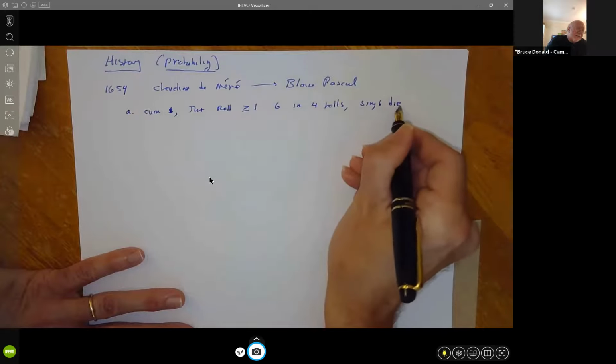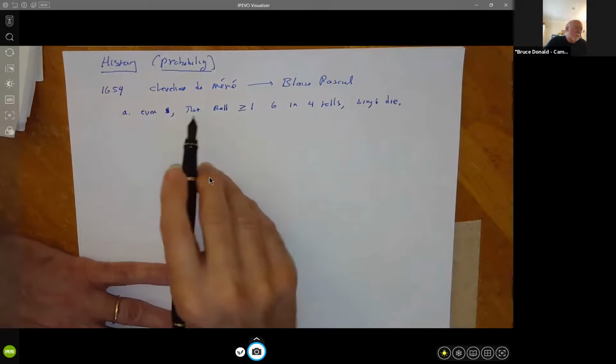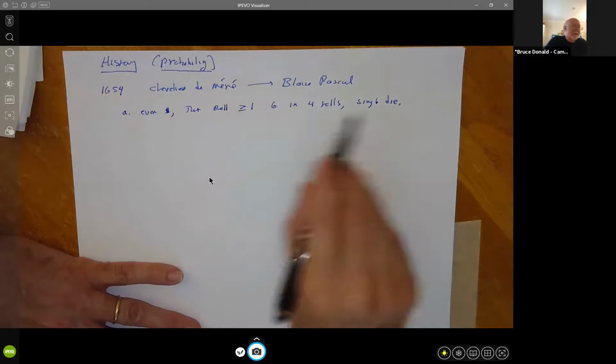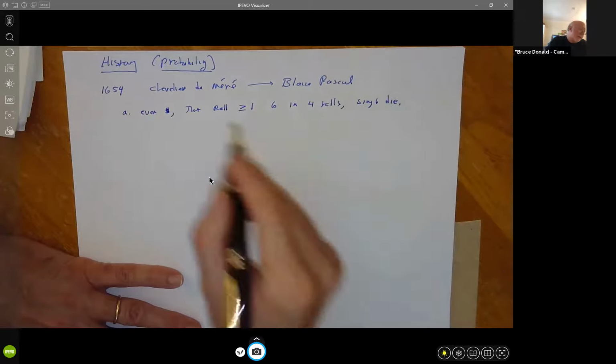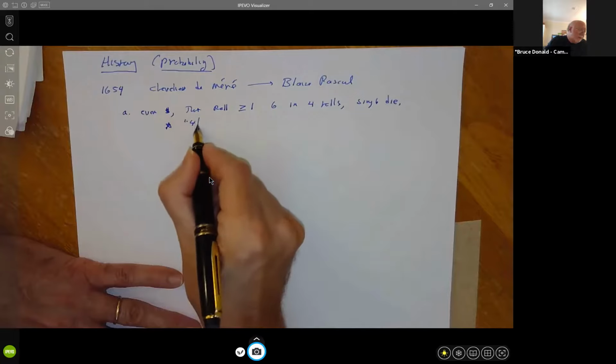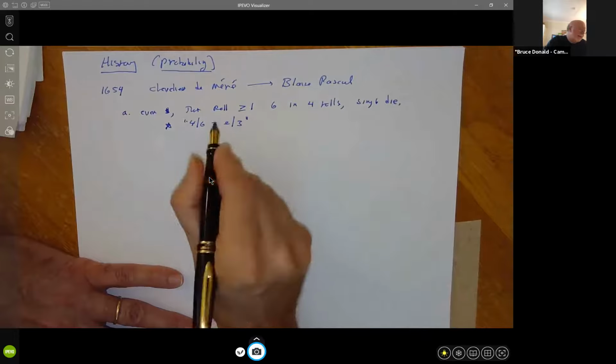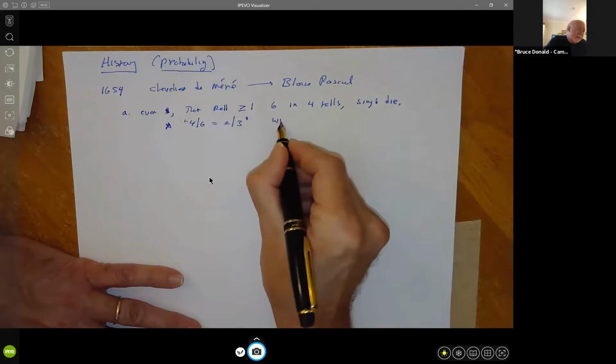Remember, die is singular, dice is plural. So he's betting even money that he will roll at least one 6 if he rolls the die 4 times. And he claims the probability of winning is 4/6, which is equal to 2/3. I put a star here for reasons that you'll see. And let's just annotate this by he's winning.